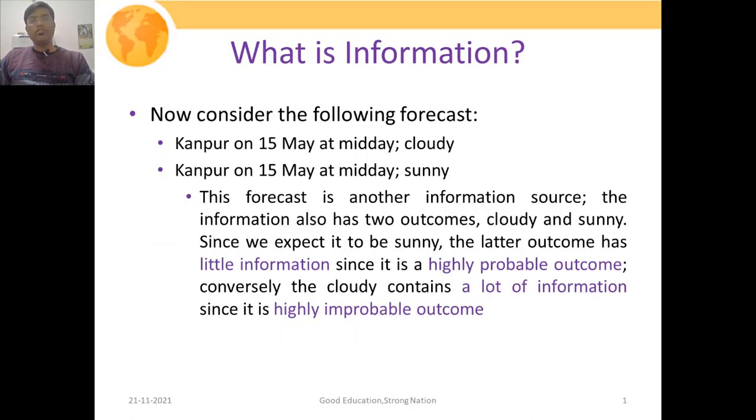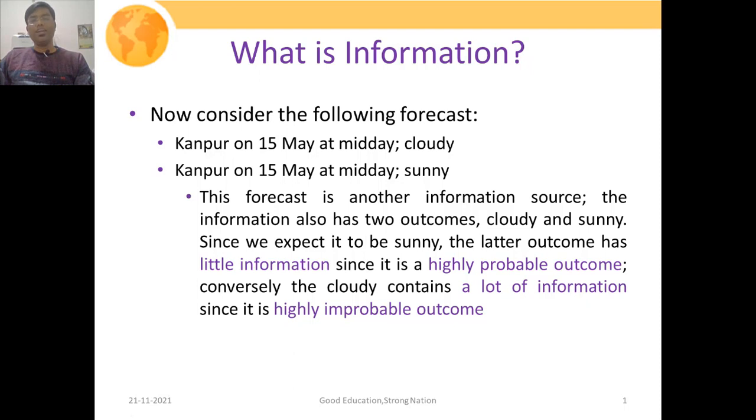Now consider the following forecast. Kanpur on 15th of May at midday will be cloudy, and Kanpur on 15th May at midday is sunny. So this forecast is another information source. The information again has two outcomes, either sunny or cloudy. Since we expect it to be sunny, that outcome has little information since it is a highly probable outcome.